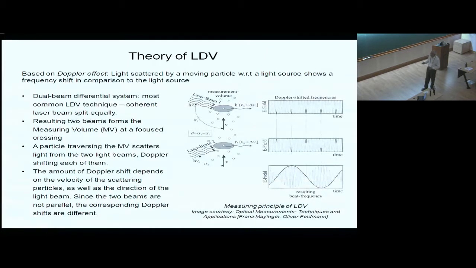That is, you have these particles which are crossing this measurement volume, and because of the velocity, you get a Doppler shifted frequency, and the shift will be slightly different in the two beams because they are at different angles. And the difference between these two results in a beat frequency, which is essentially related to the velocity of the particle itself, which is the velocity of the fluid at that point.